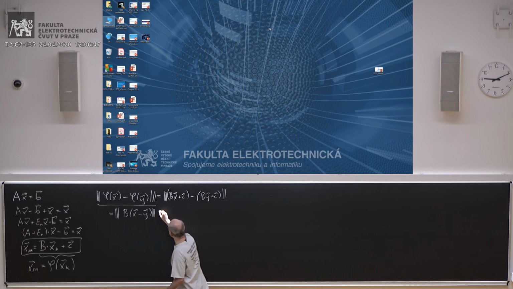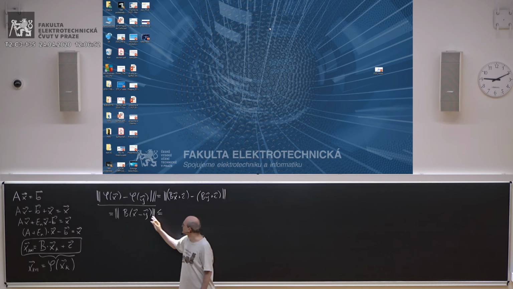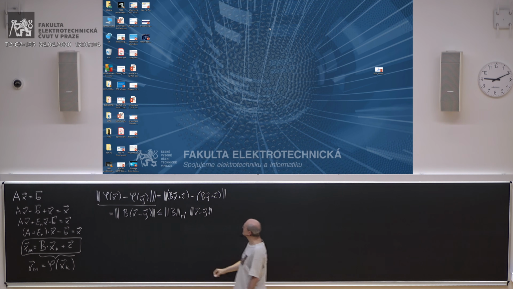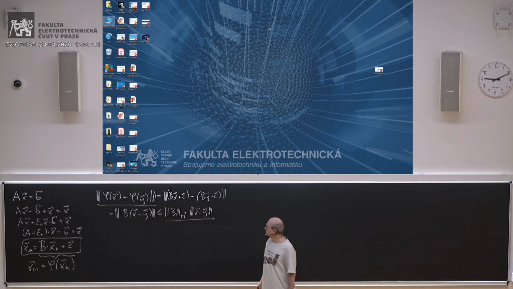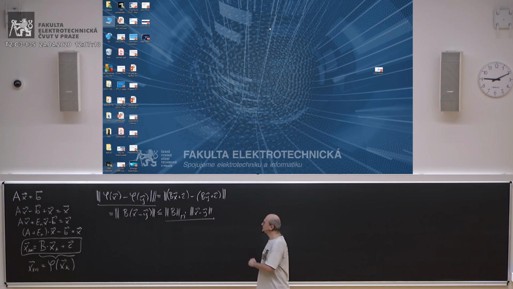And finally, and this is where it gets interesting, we split it, we introduce some matrix norm which is compatible with the triple bar norm. And we arrive at the following formula, which is exactly the type of inequality that we like to see when we talk about contractions. We do get a contraction if this norm is less than 1. And then by Banach's contraction theorem, we do get convergence for our iterative scheme.